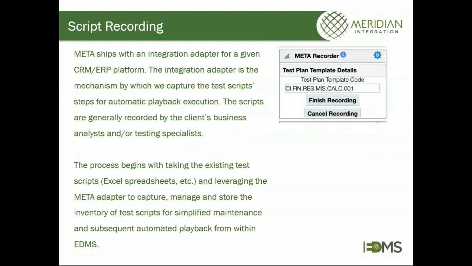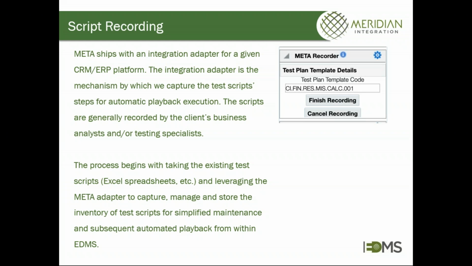As you can see in the top right corner, we have a screen capture of our adapter from within a CRM system. This adapter is integrated with Meta to capture the test script template name and the test scripts performed. Even though our adapter is easy to use and intuitive, we only anticipate business analysts or testing specialists to record the scenarios.